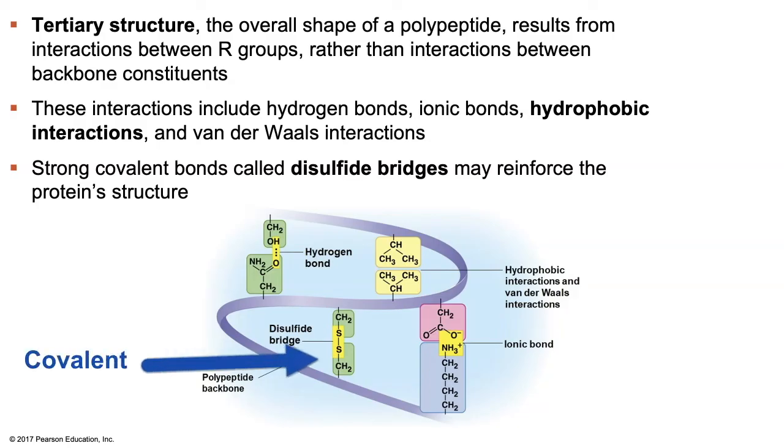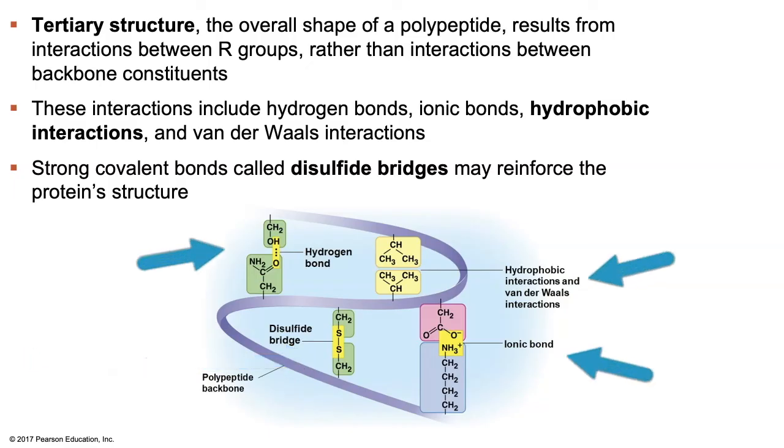Again, these are covalent bonds, which are much sturdier than any of the other ones present, including hydrogen or ionic or hydrophobic. So those weaker bonds are able to break more easily under varying temperature or pH or salt conditions.